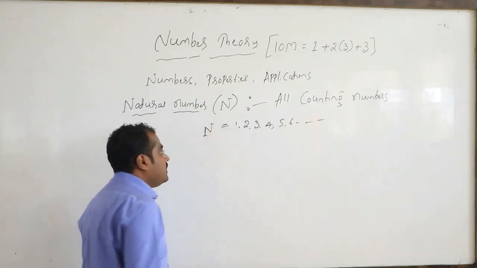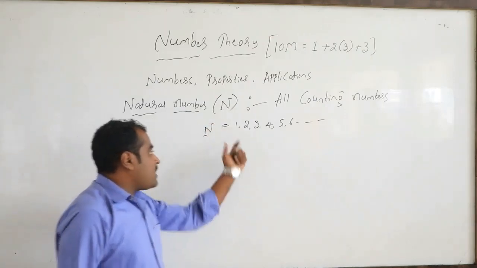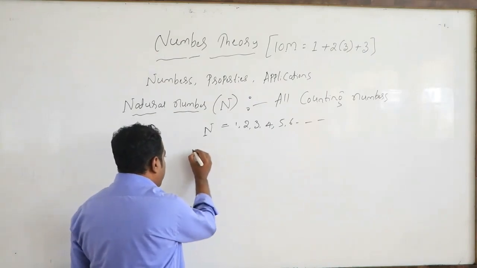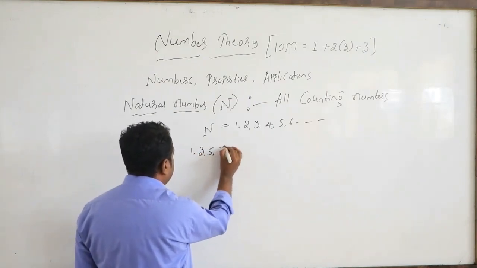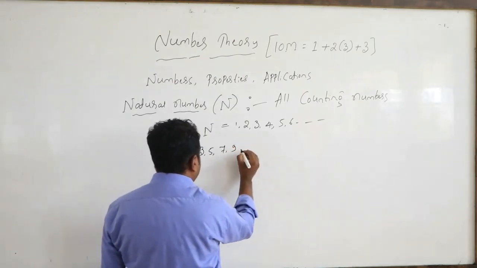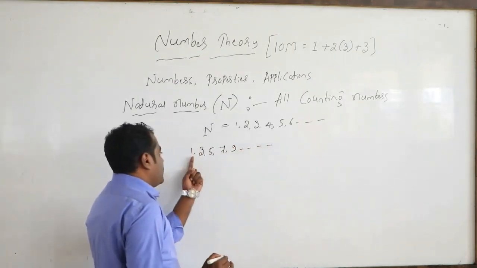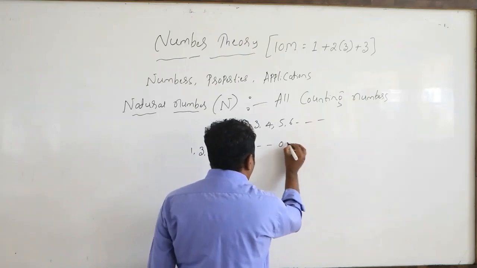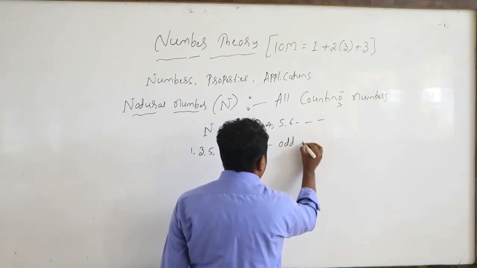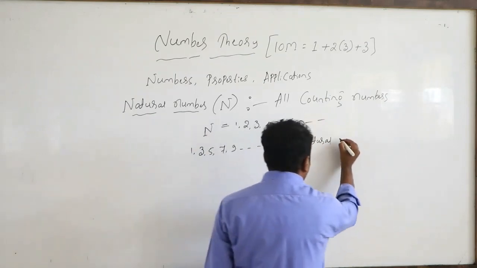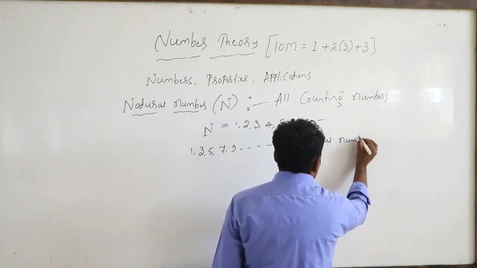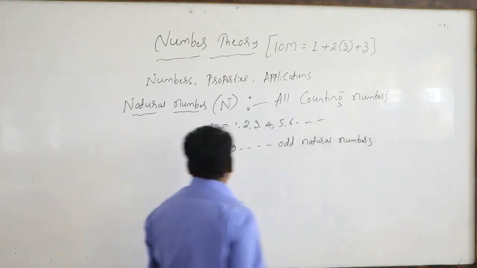If you observe here, the numbers 1, 3, 5, 7, 9, and so on are called odd natural numbers.